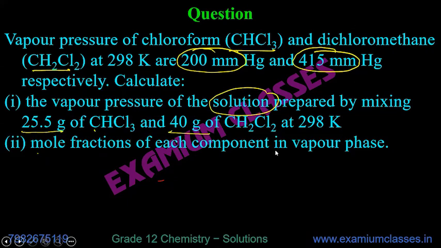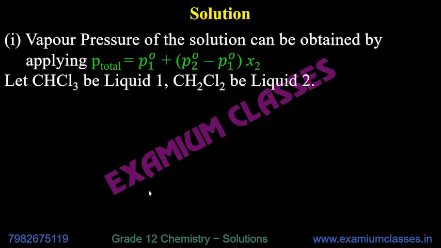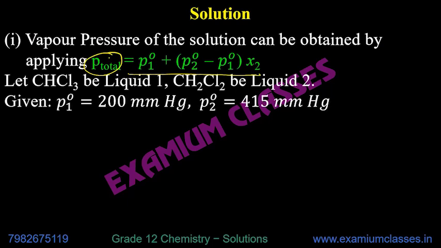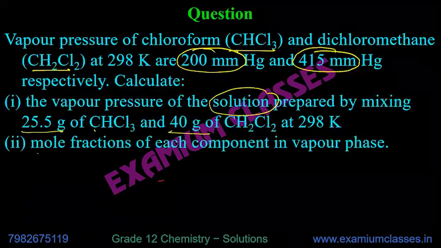So how do we solve it? Vapor pressure of the solution will be P total, and that will be given by P1 naught plus P2 naught minus P1 naught times x2. We say that CHCl3 chloroform is liquid 1 and dichloromethane is liquid 2. P1 naught is given as 200 millimeter of Hg, P2 naught is given as 415 millimeter of Hg.